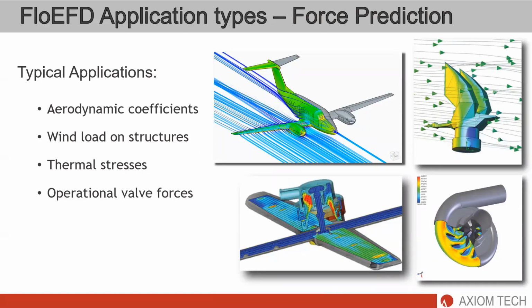Typical applications are in aerospace, and also automotive. You can find aerodynamic coefficients, wind load on surfaces and structures, thermal stresses, and you can gain some forces from the pressure.